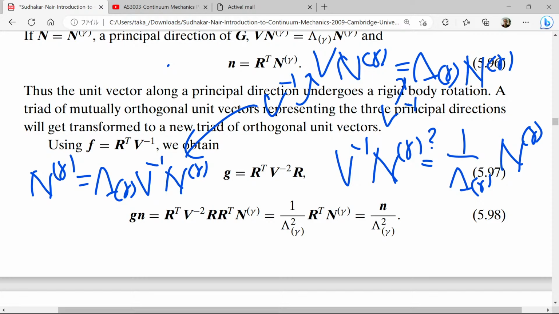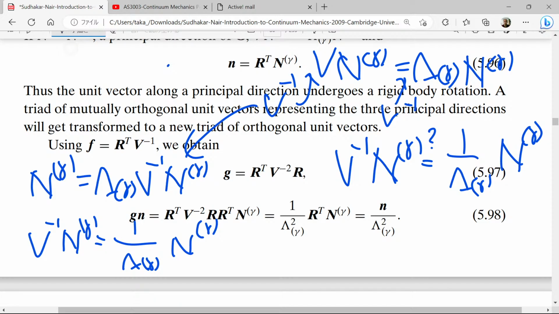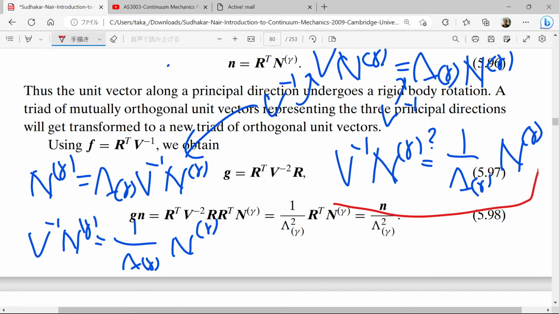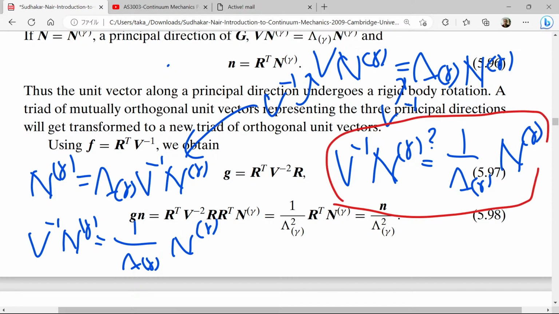So we have this V inverse n gamma equal 1 over lambda gamma n gamma. Yeah. So that means this is correct.